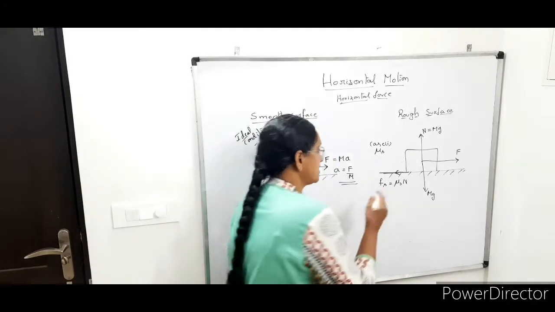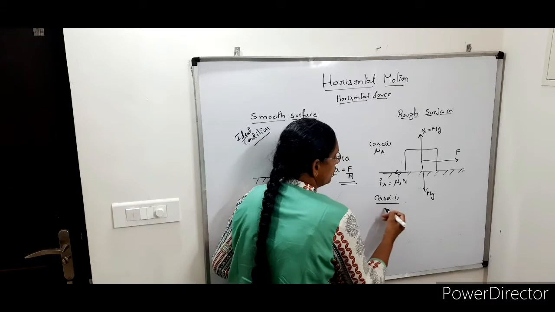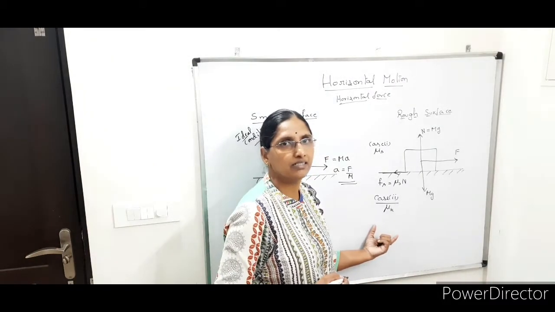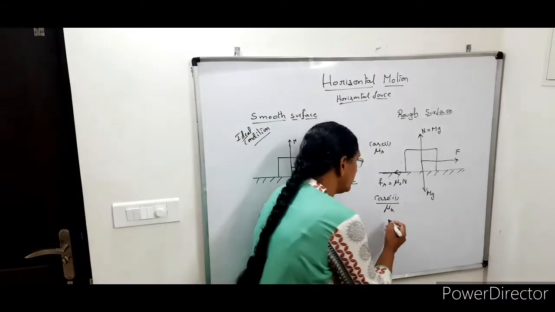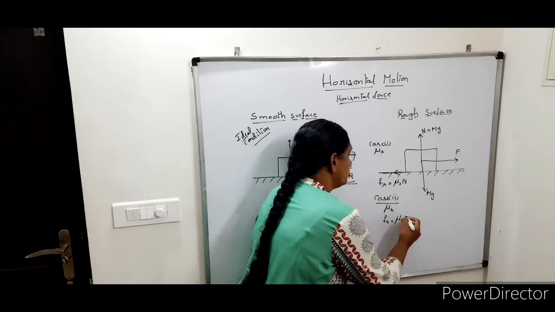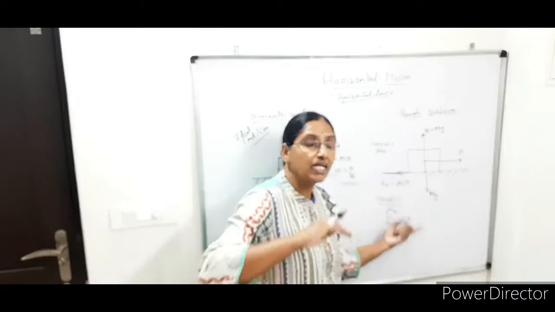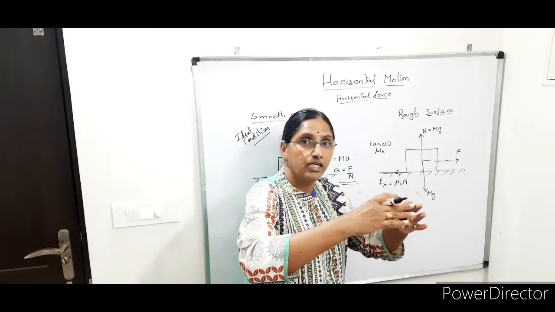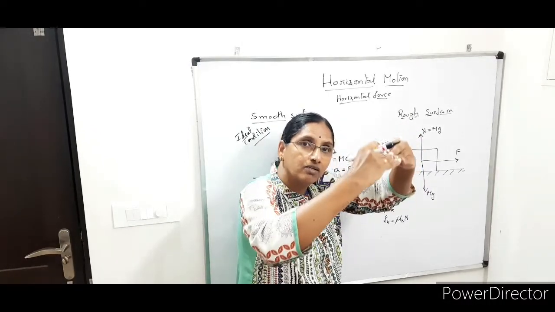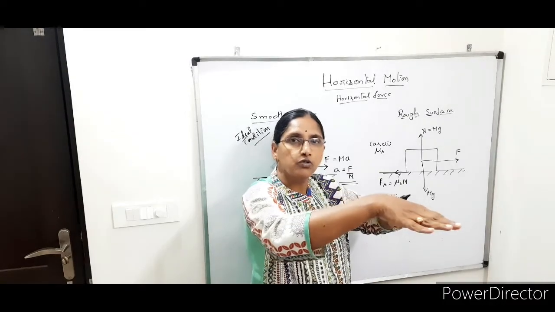Now after this, case 2: mu k, the coefficient of kinetic friction, acts here. Kinetic means when it is in motion, and Fk is equal to mu k into N. So what did I say? As the body starts moving, the friction falls from static or limiting friction to kinetic friction, and now it becomes easy for the body to move.